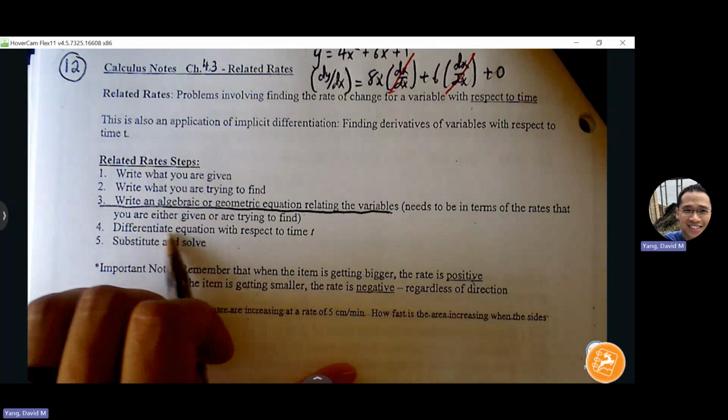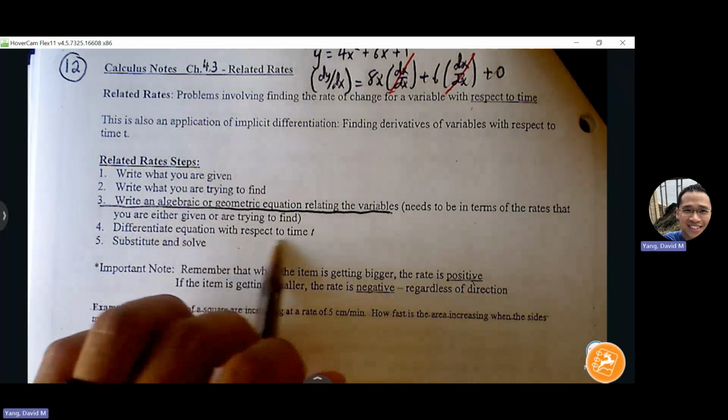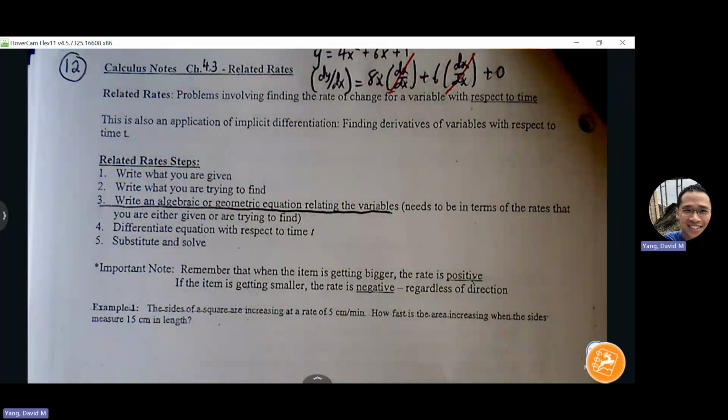But then after you find your equation, you find the derivative, but now it's with respect to time, and then you substitute and solve. Now, typically, in these problems, the calculus portion is easier. It's the setup that's a little bit more challenging.